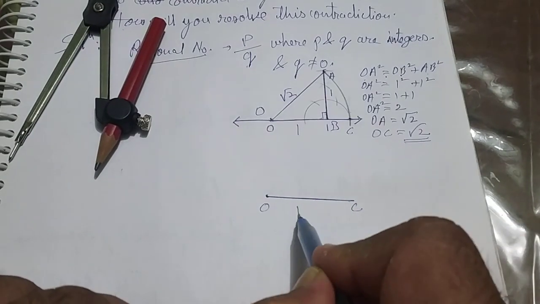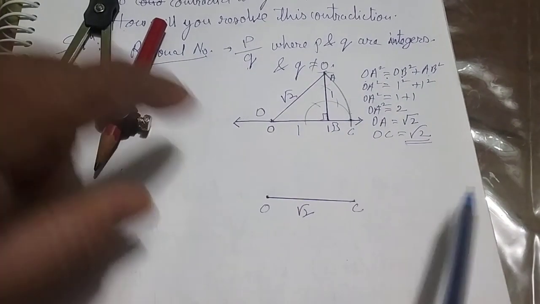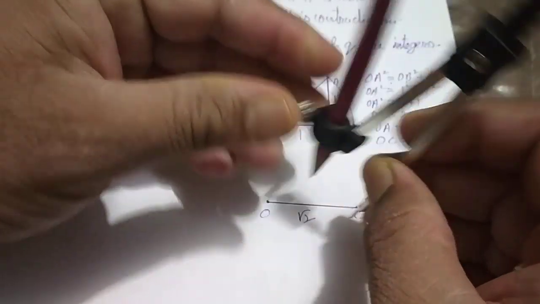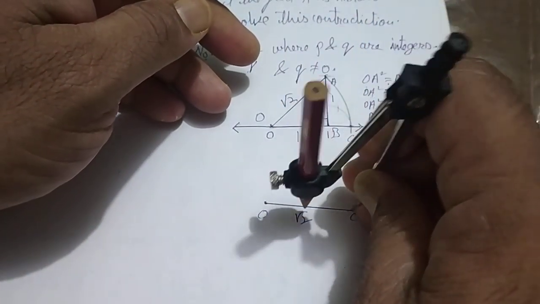Now taking this OC as diameter, if I draw a circle like this, let me bisect this OC.